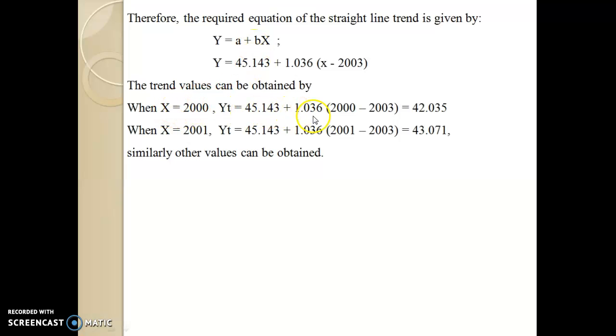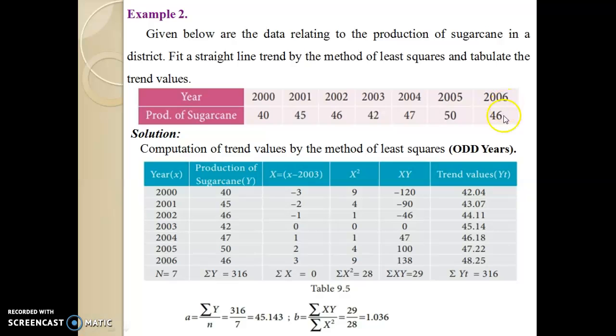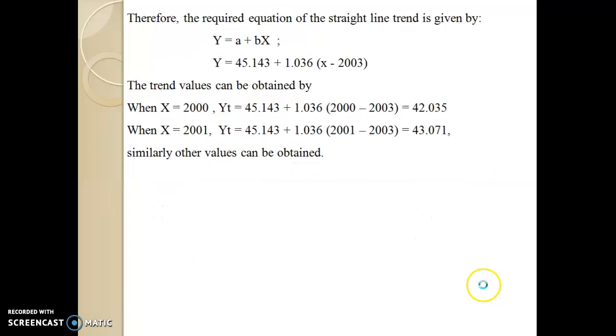Similarly, calculate the value of 42.35, like this. The trend value of yt is equal to this. Okay. This method is very easy to understand, and this method can be used to forecast the future trend, because the trend line establishes a functional relationship between the value and the time.